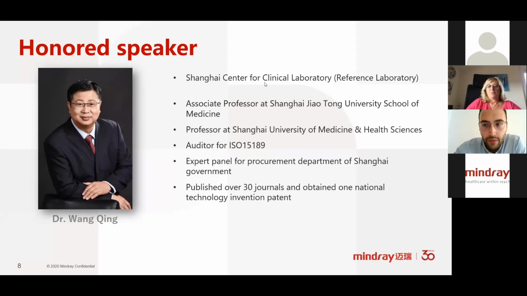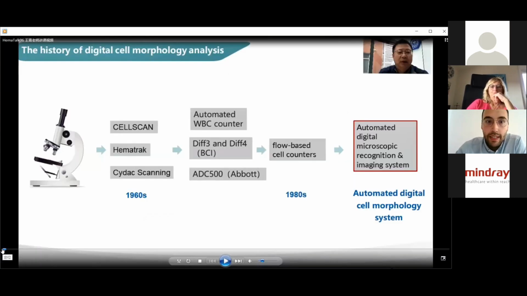He's an expert for the procurement department of the Shanghai government, and he has published over 30 journal papers and obtained one national technology invention patent. He's going to talk about the importance of microscopic review and the application of digital cell morphology analyzer. So please, Dr. Wong, when you want.